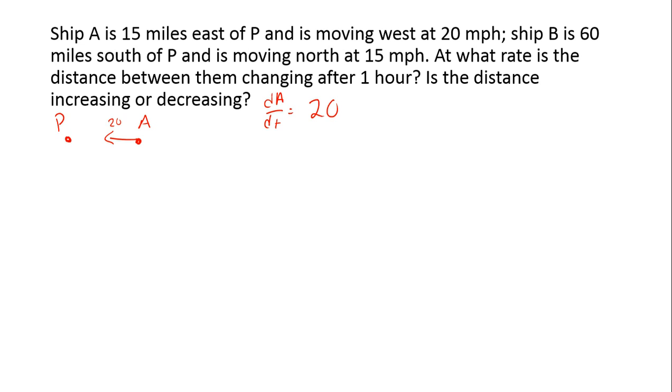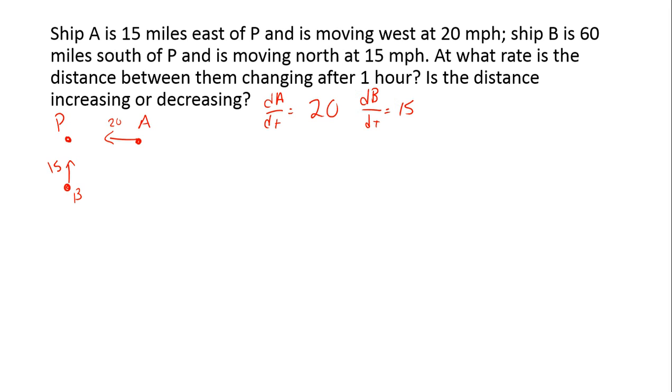Now ship B is down here at 60, and it's moving north at 15 miles per hour. So we can say that dB over dt is equal to 15.